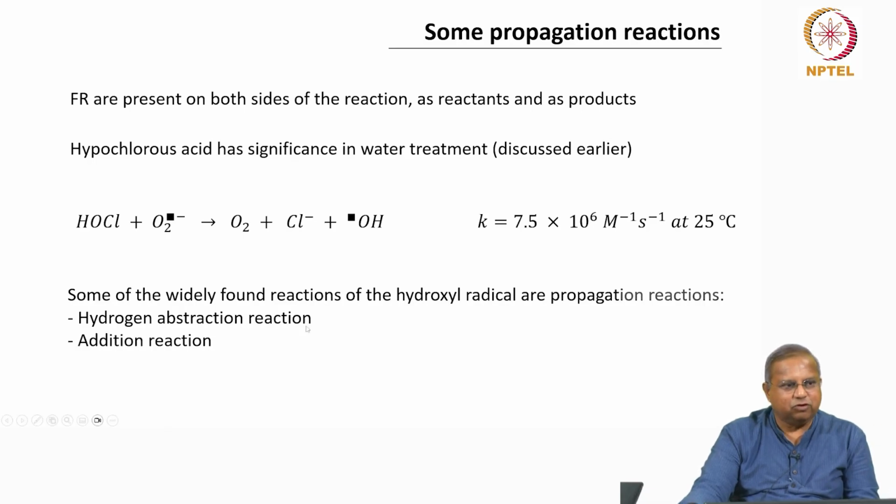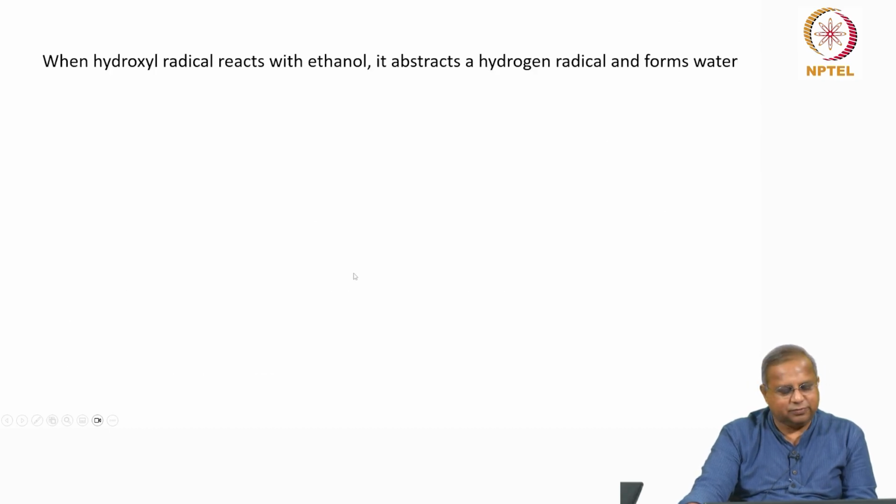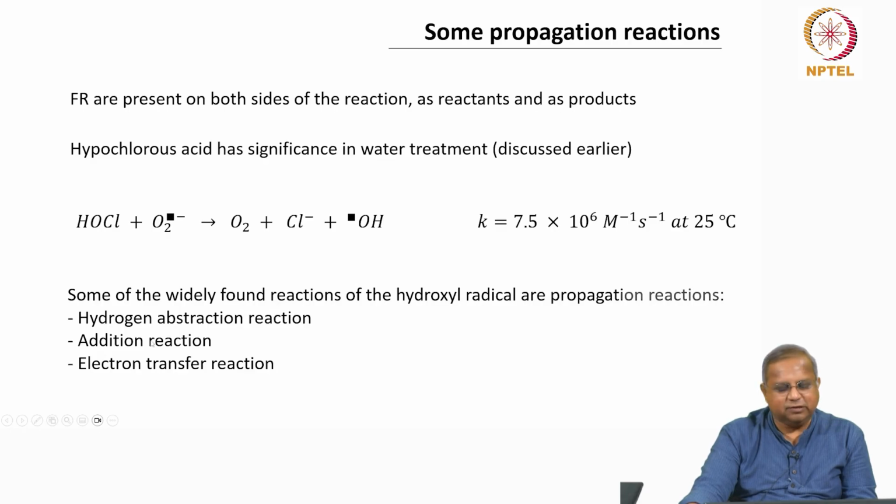It could be an addition reaction where it adds various things. It could be an electron transfer reaction. So these three kinds are the common ones: hydrogen abstraction, addition, or electron transfer.